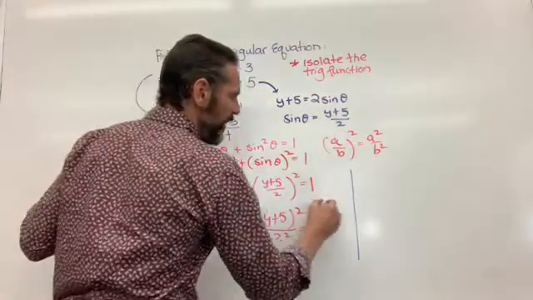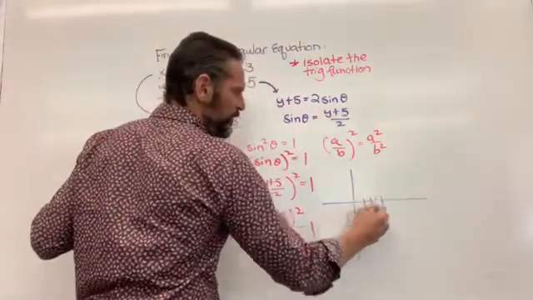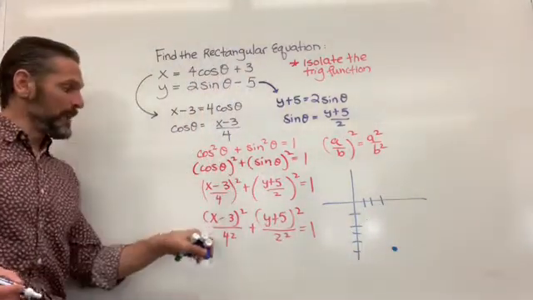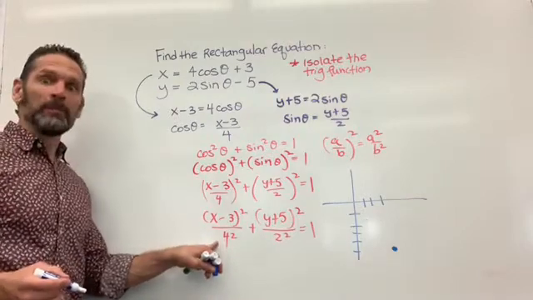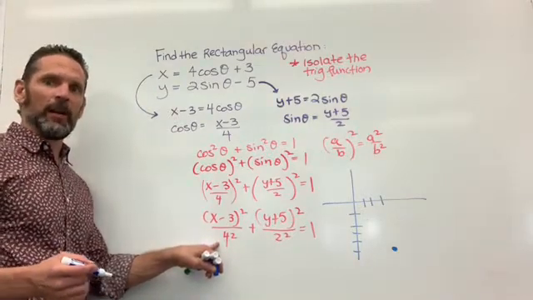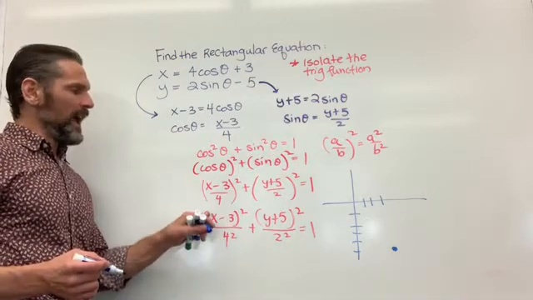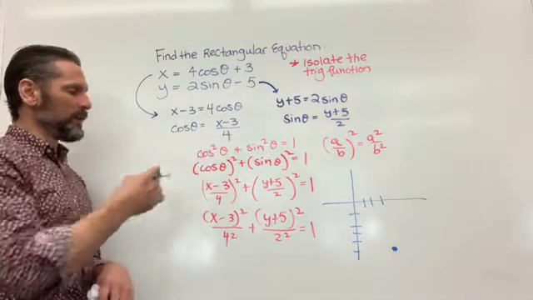And of course, we should recognize that that's an ellipse with hk of 3, negative 5. If I wanted to draw a quick sketch of that, I'd go over 3 and down 5. There's my hk. With an ellipse, the size of the denominator matters. Because our bigger denominator is under the x, I know I have a horizontal orientation.